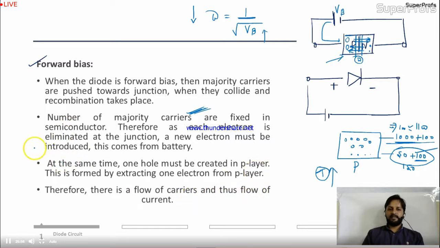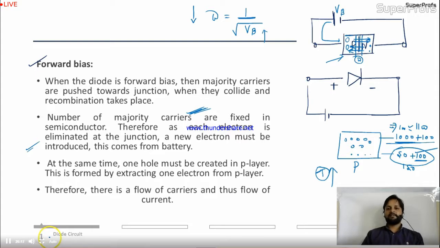I hope this is clear, and this is the part of EDC. Okay, what we have to come up with at this stage with the forward bias and characteristic of the diode: when you connect the diode with forward biasing, it will conduct. The flow of current will be possible in the forward case.